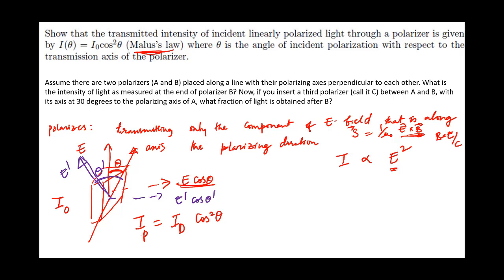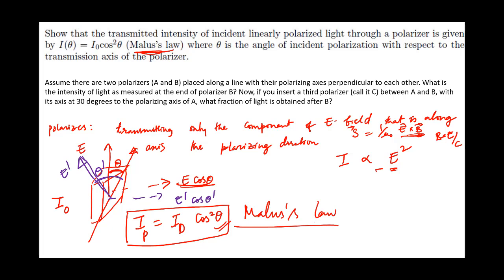It's a simple division, and any proportionality factors would just be cancelled out because they are just constants. So we would have intensity be cosine square of theta, and that is what is called Malus's law. All right. So that's the first part of the problem here.